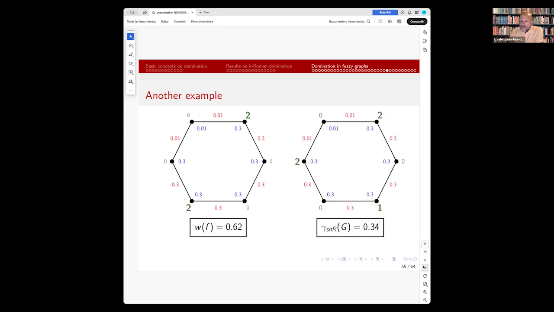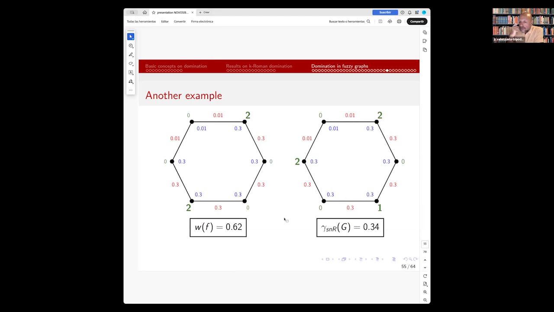Instead of this, we can consider this other assignment of labels, this other strong neighbor Roman dominating function, in which we give a label 2 to this vertex and to this one, and also we give a label 1 to this other vertex. Of course, the 0 vertices are strongly dominated by their strong neighbors. And in this case, we achieve the minimum possible value for the strong neighbor Roman dominating number, which is 0.34.